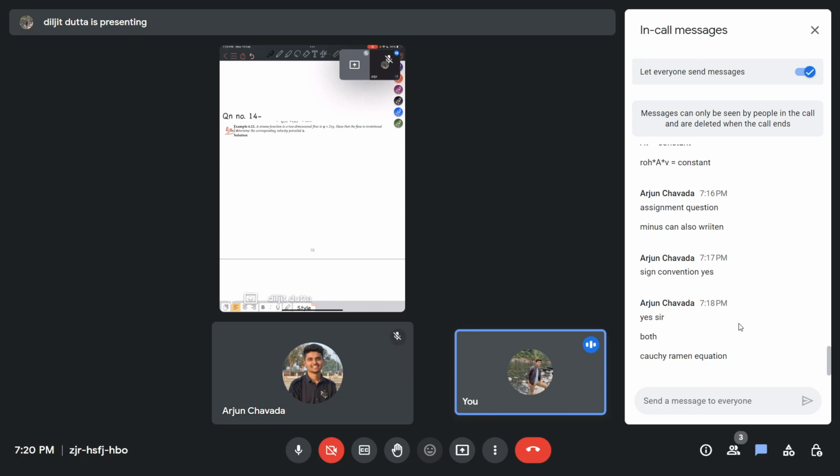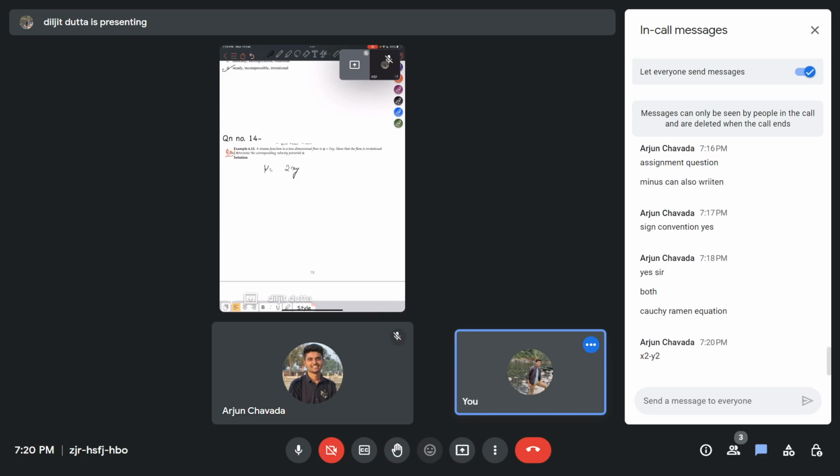Okay, so I will solve one question on stream function. A stream function is given as psi equals 2xy, so that the flow is irrotational, and determine the corresponding velocity potential, phi. So how will you proceed?